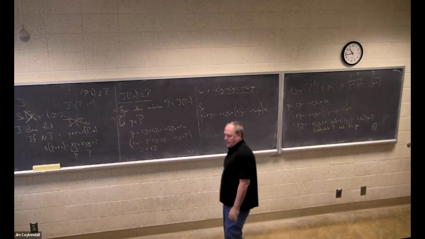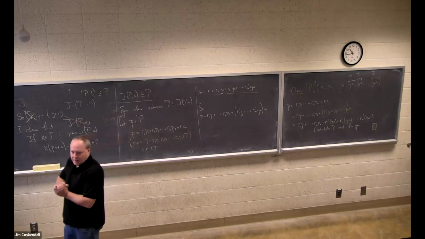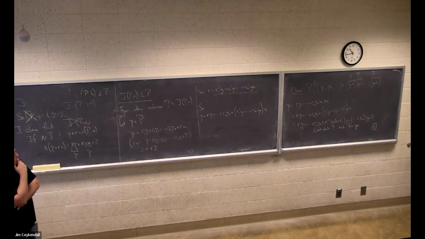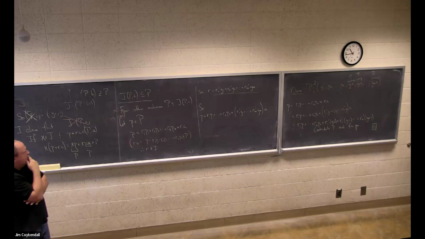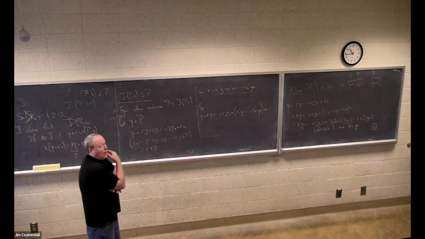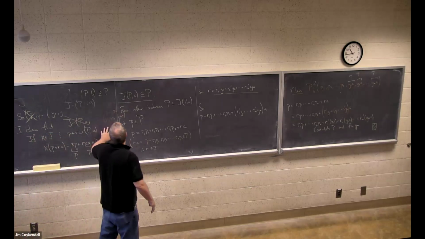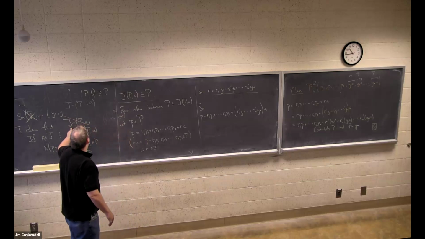Sorry, one quick question. Where were we showing this inclusion, B is contained in JPA? I didn't want to do JPA.